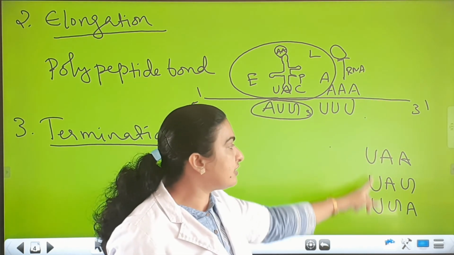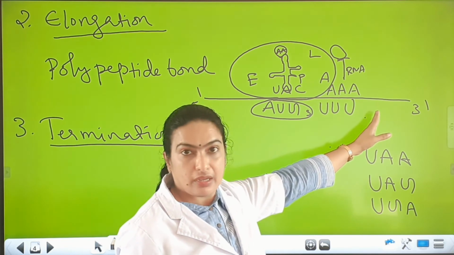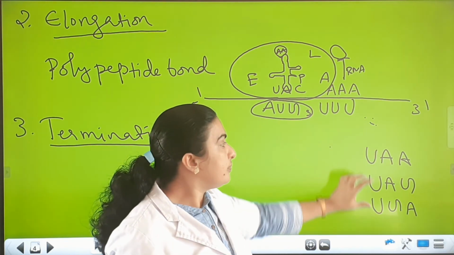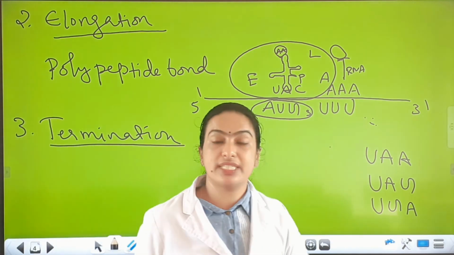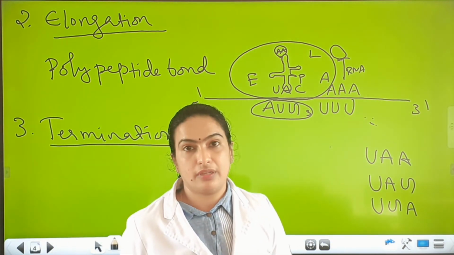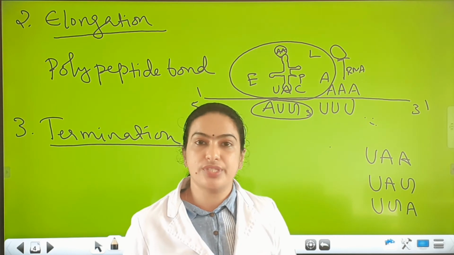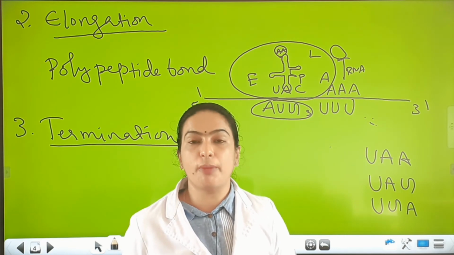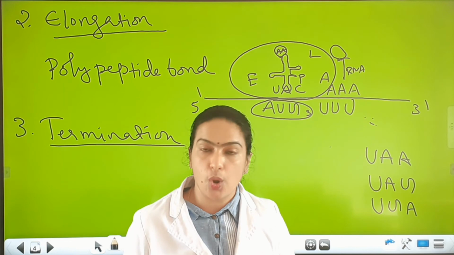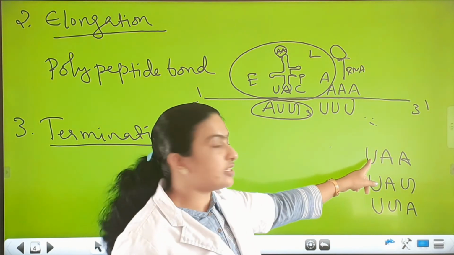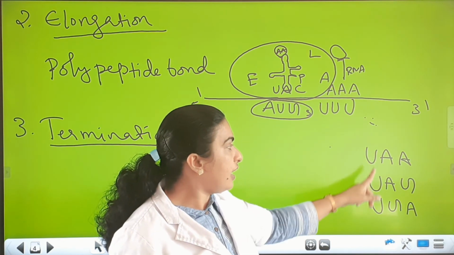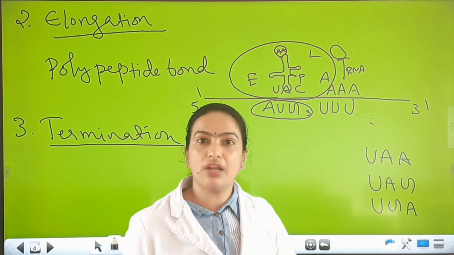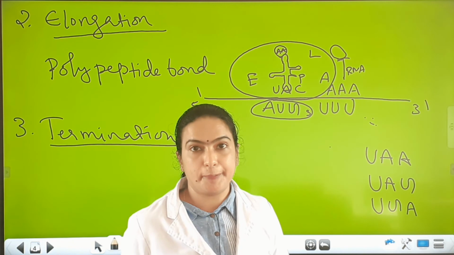If any of these three codons are there, the translation process stops there. The synthesis of protein, the formation of polypeptide bonds, stops at the termination site, whether it has the UAA, UAG or UGA codon in the mRNA.